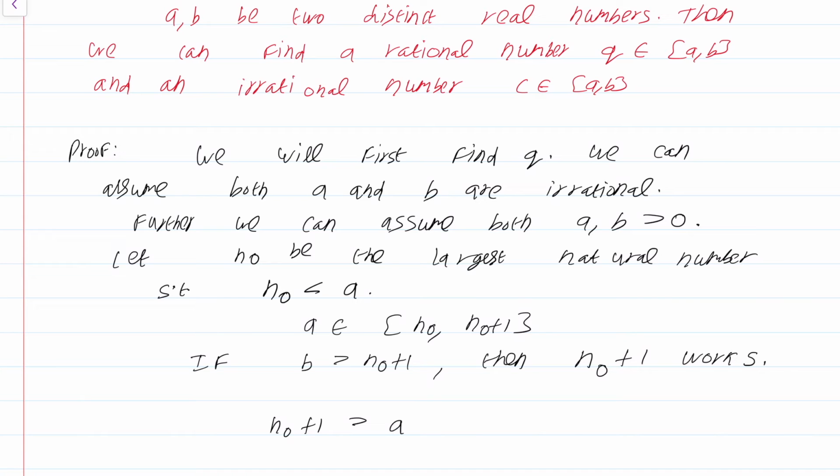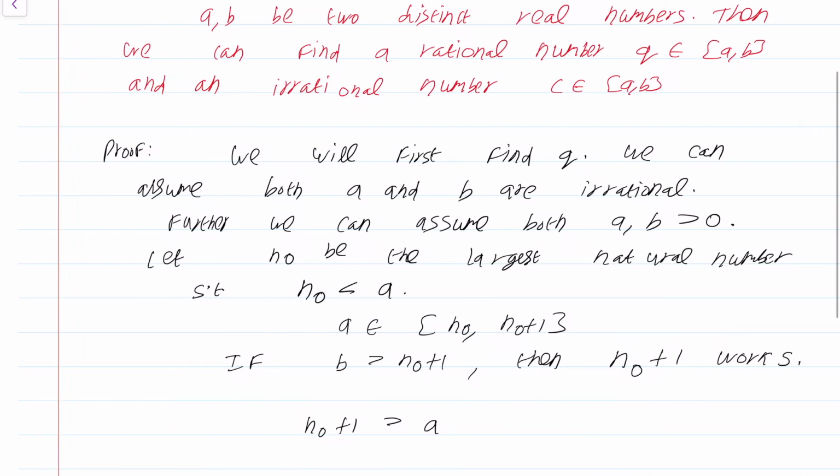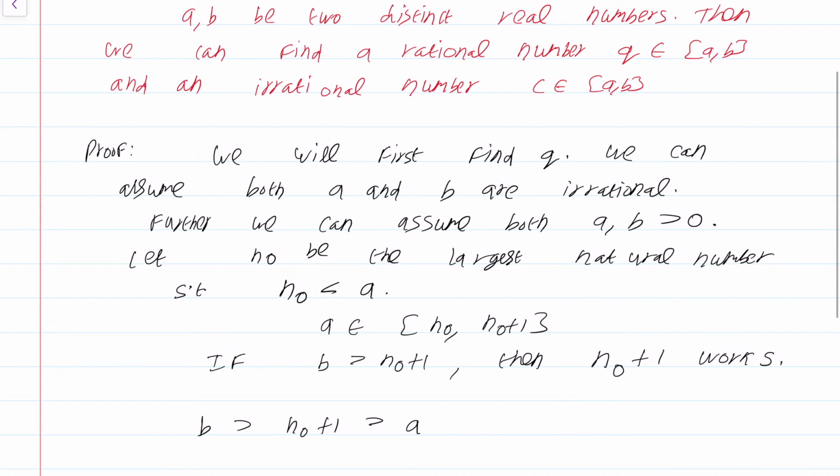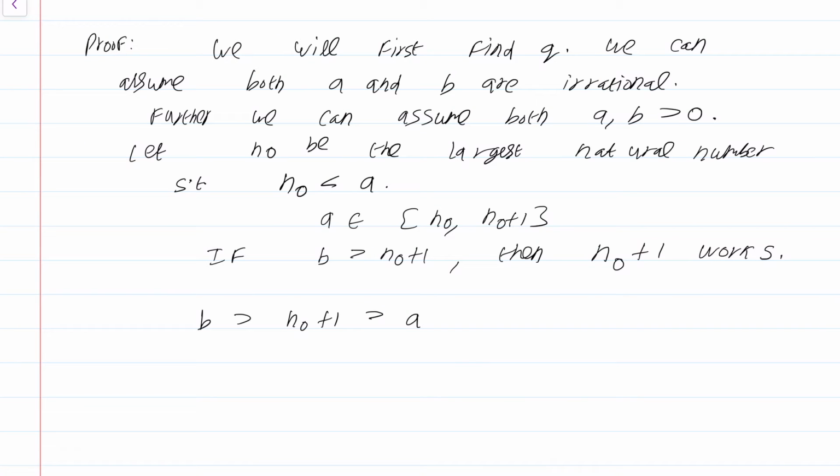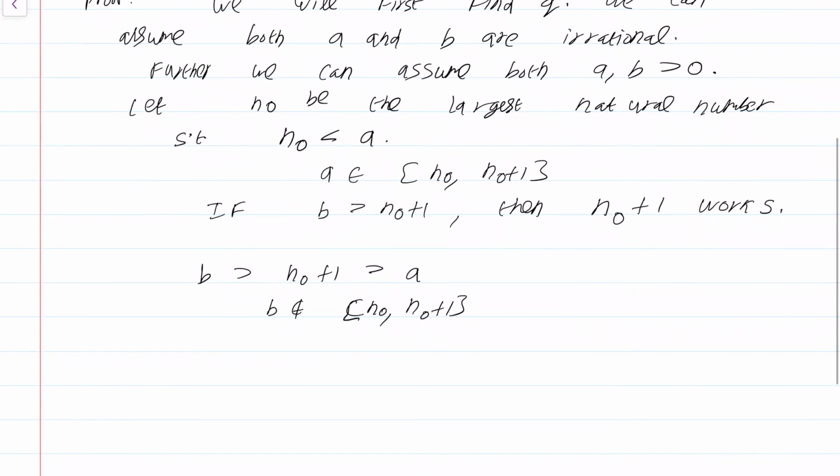In fact, it's got to be greater than a because we assumed that a is irrational, and it's less than b. So we have found a natural number that lies in between a and b, so we are done. So we can assume that b is not an element of (n naught, n naught plus 1). We can make this assumption.